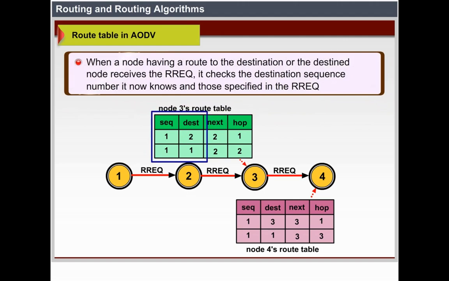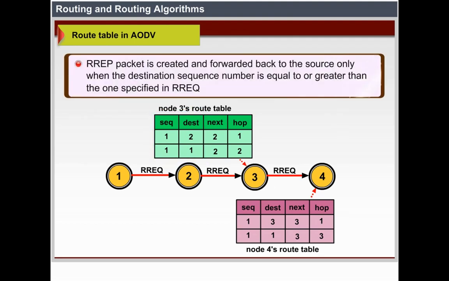When a node having a route to the destination, or the destination node, receives the RREQ, it checks the destination sequence number it currently knows and the one specified in the RREQ. An RREP packet is created and forwarded back to the source only if the destination sequence number is equal to or greater than the one specified in the RREQ.